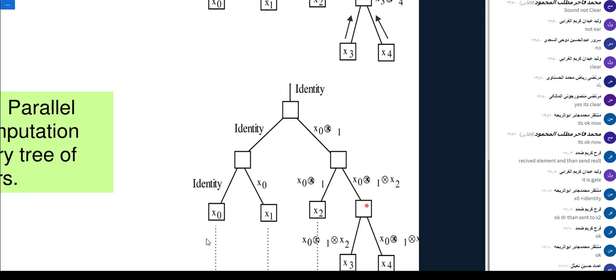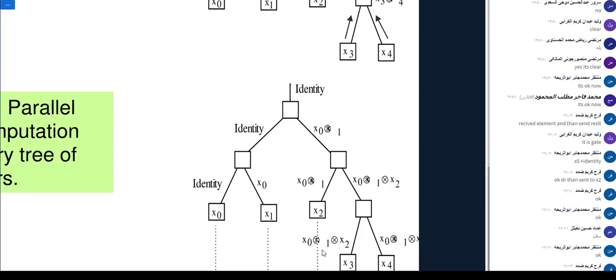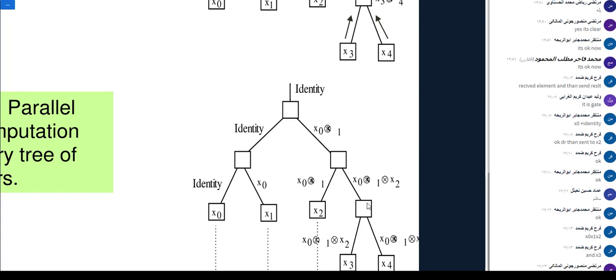Okay. How about this place? What is received from up: x0, x1, x2. So what is received from left?